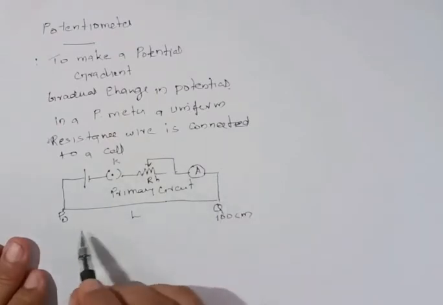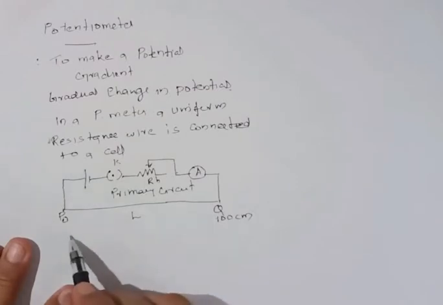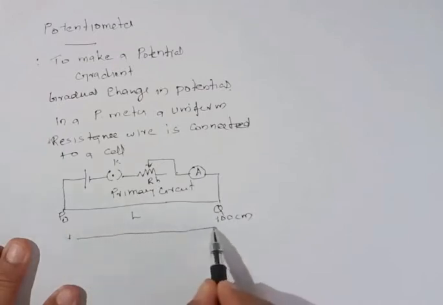So within this L distance, you have a potential. This will be at a higher potential, so you will write it as plus, and here will be the lower potential.